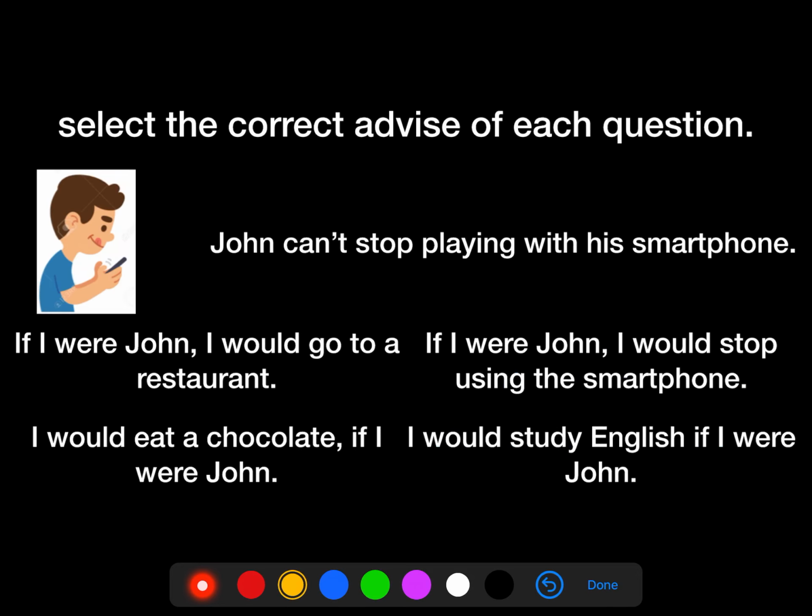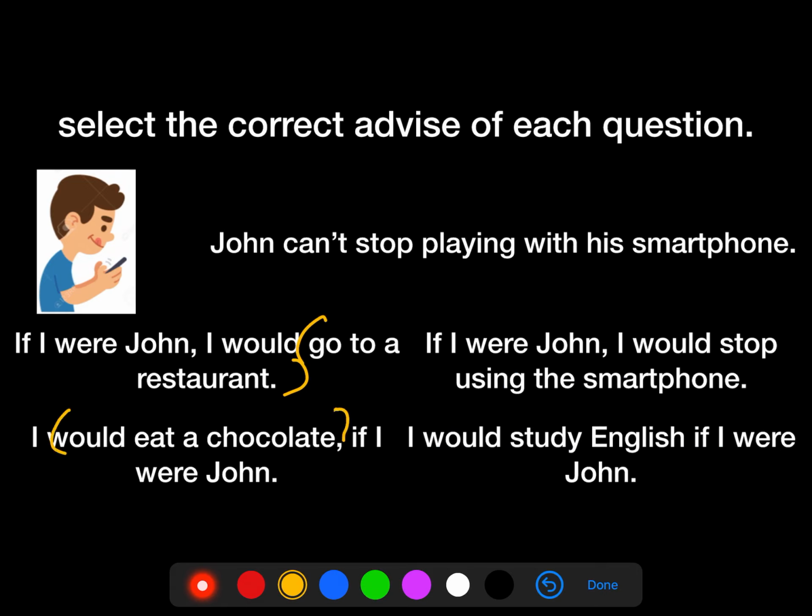So let's move on. John can stop playing with his smartphone. So which would be the correct advice for John? Number one, if I were John, I would go to a restaurant. Going to a restaurant is the number one advice. Next one, I would eat a chocolate. That's the next advice.